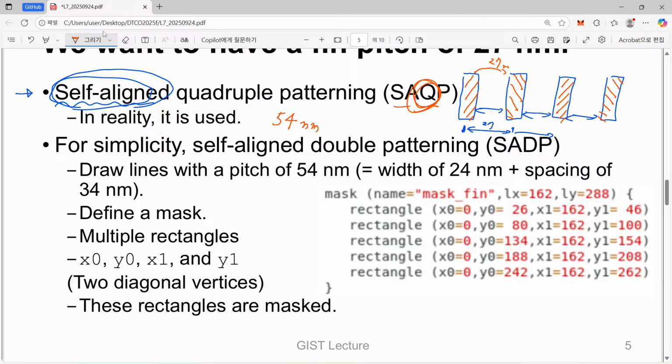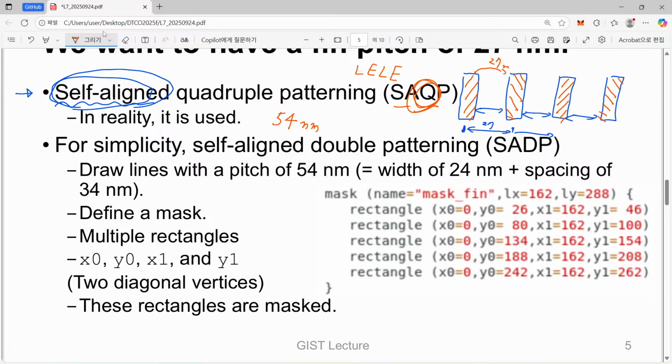So this one is called LELE. I don't know how you pronounce it, LELE or LELE. I'm sorry about that. But anyway, this technique is called litho-etch, litho-etch. It means that litho first draws this 54 line, and etch means really patterning.